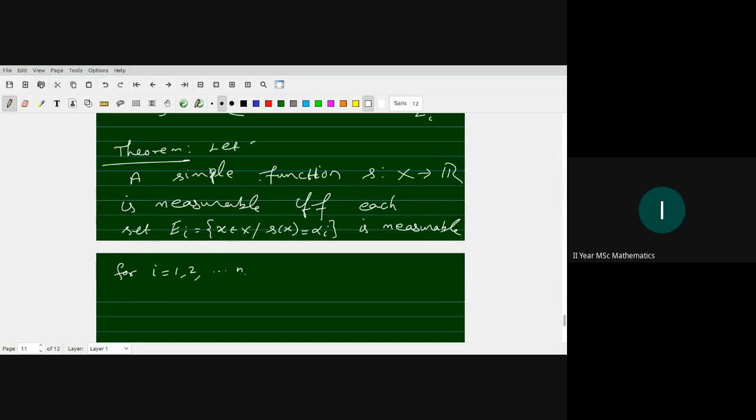Here we write: let alpha 1, alpha 2, ..., alpha n be the distinct values of S.